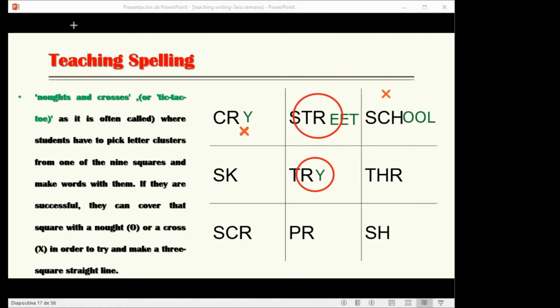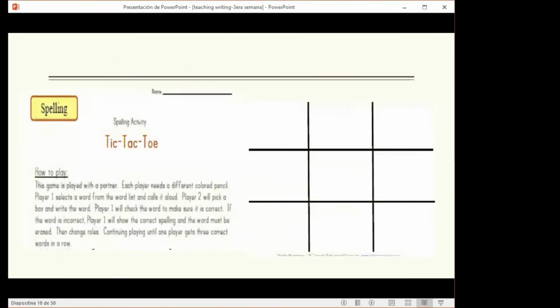Let's continue. Another way to play tic-tac-toe. Notice, another example. Now it's in blank. So what are you going to do? Notice here how to play it. This game is played with a partner. Each player needs a different color pencil.